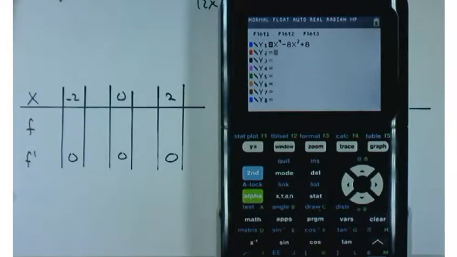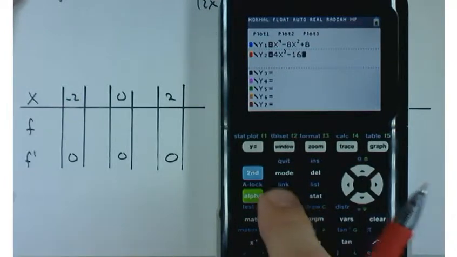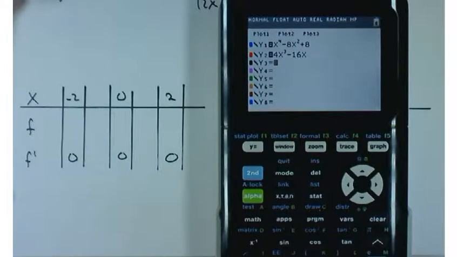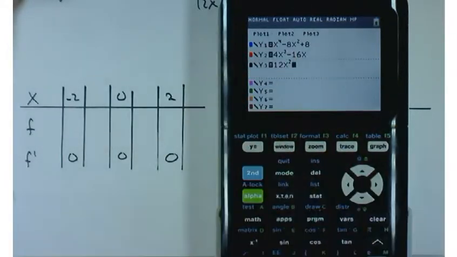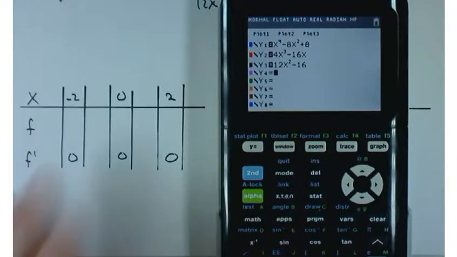And it's a good idea, let's put in the derivative and second derivative as well. So the next one is going to be 4x cubed minus 16x. And finally, 12x squared minus 16. So I've got all three functions in my calculator.